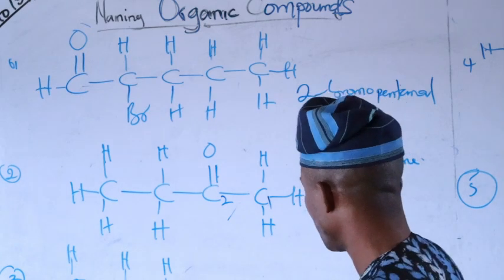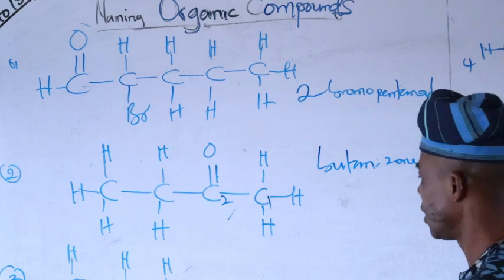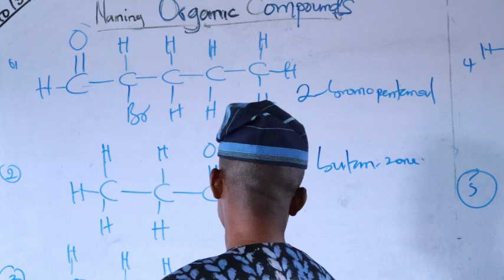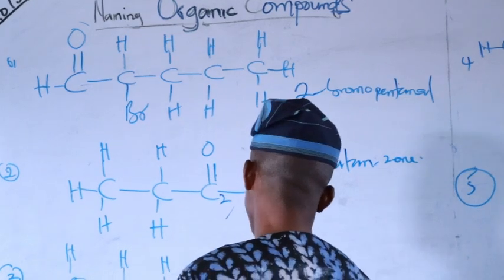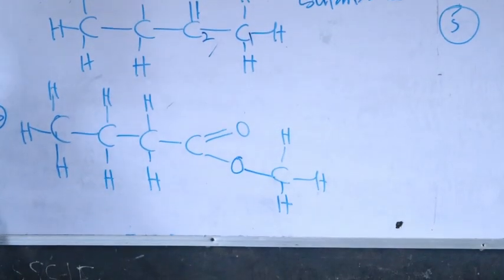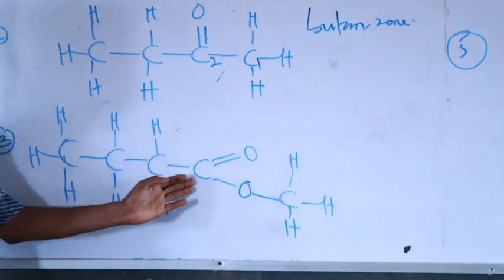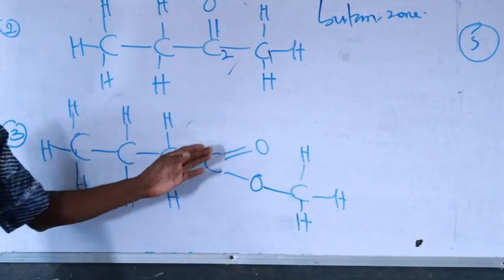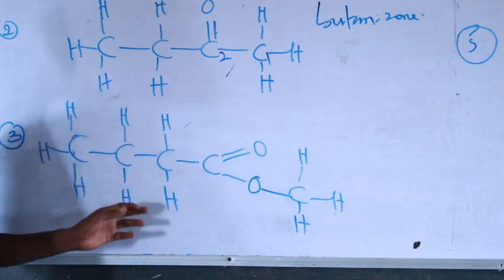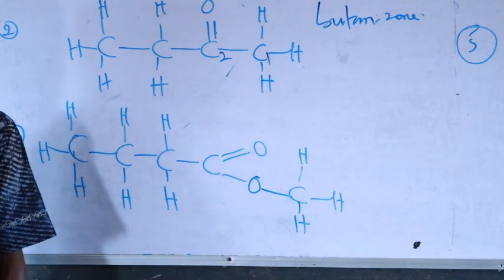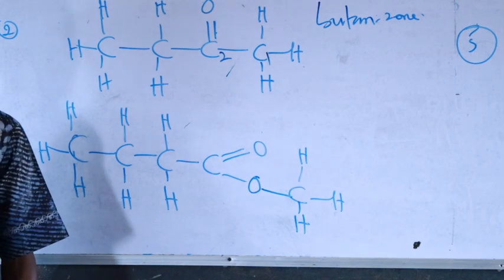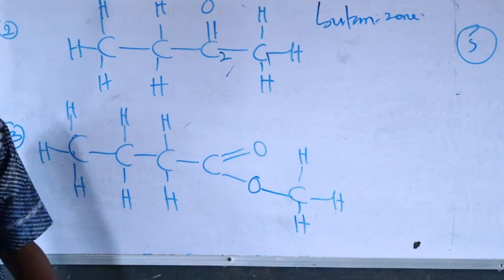Then this will be what? There is a mistake here. This was supposed to have an O attached to this. So it should be C double bond to oxygen, and this is the functional group of an alkanoate. Then what will be the name? That is methyl.